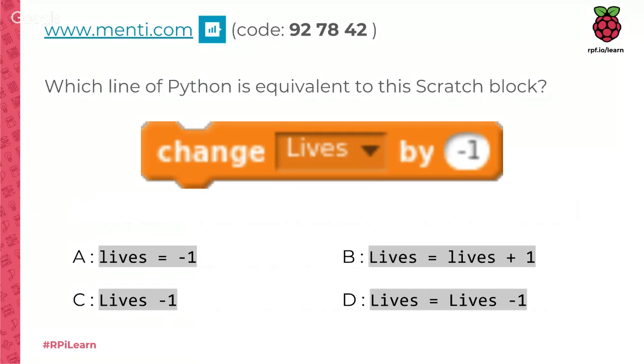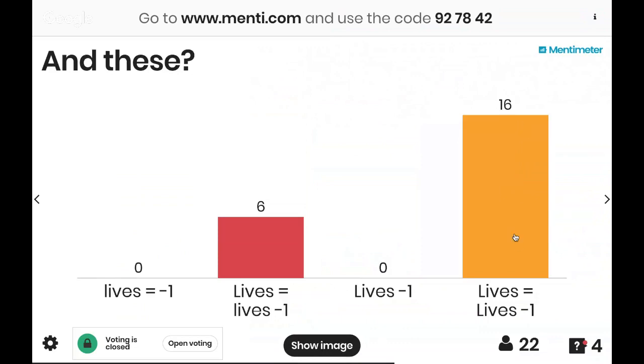I can see lots of people have gone for D, which is the correct answer. A few people have gone for this option here. I'm not sure if that's because of the option they've seen on the Menti poll itself or on the slide. There's a bit of a mismatch there. Apologies, that's my fault. Let's just talk through these options and talk about why these other ones aren't the case.